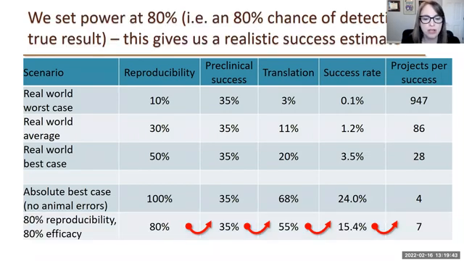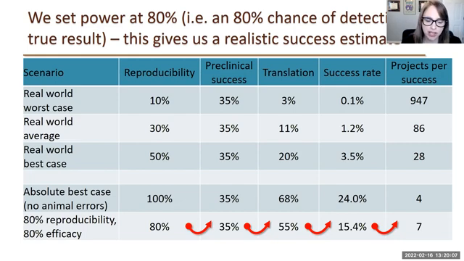So if we think about how we're supposed to be designing our studies, we usually say we're going to power this study to 80% power. Well, what that means is it's actually making a direct statement about the reproducibility rate of that study. So if we power a study to 80%, that means that it's reproducible 80% of the time.